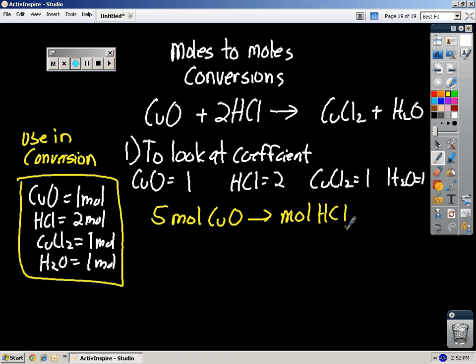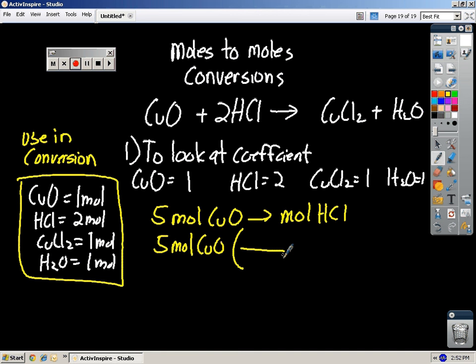So we start off with 5 moles of CuO. Just like every other dimensional analysis that we've done, you take the moles of CuO over here. What needs to go on the bottom of my equation in order to make this cancel out? Moles of CuO. It could be 1, it could be something else now. We're going to look at our table over here.